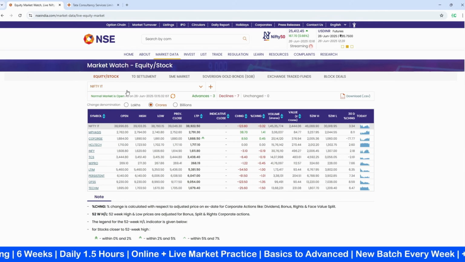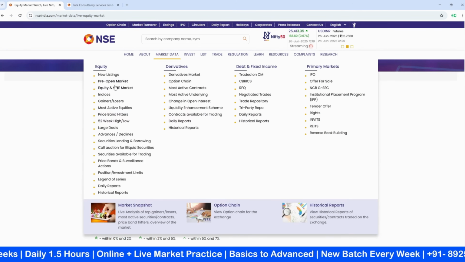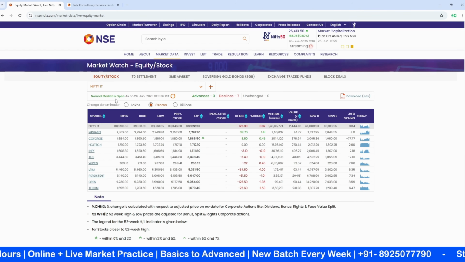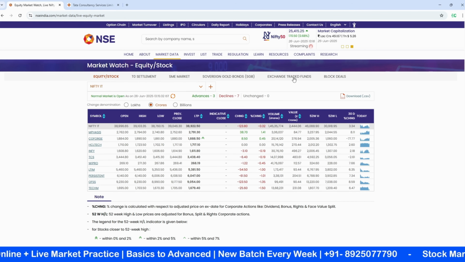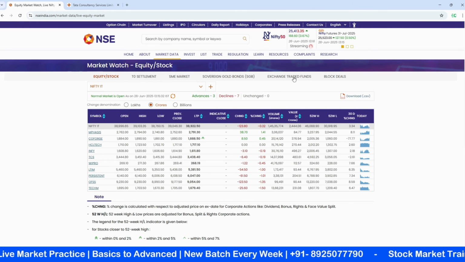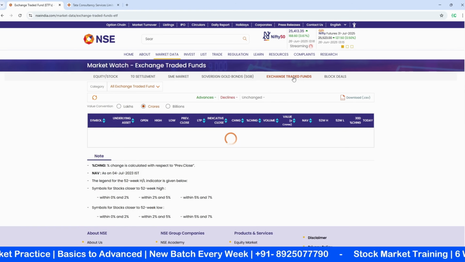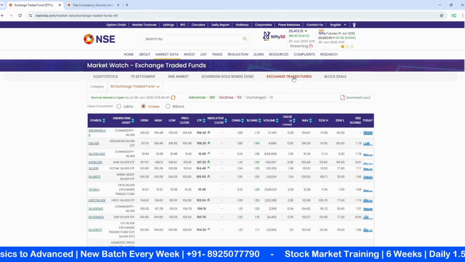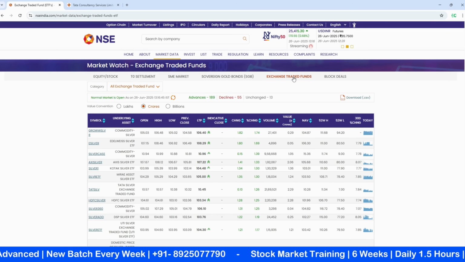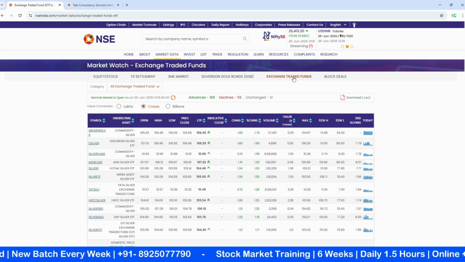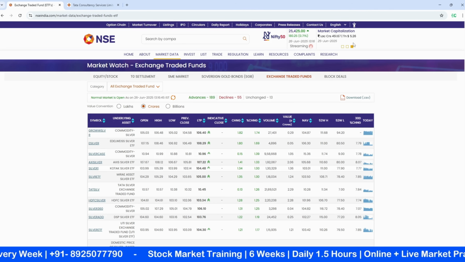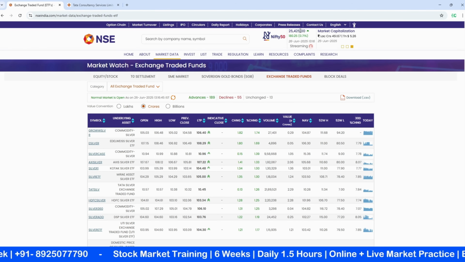So I hope I've given you clarity that by getting into market data, going to equity, that gives you a tool to filter companies based on various sectors. Apart from that, you have one section called exchange traded fund. So if you click on exchange traded fund, which is ETF, many investors want to invest in a collective index or gold or other commodities in a digital format, which is easy on a spot basis, because nobody can buy index 25425.